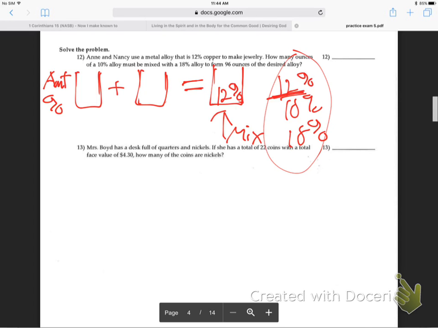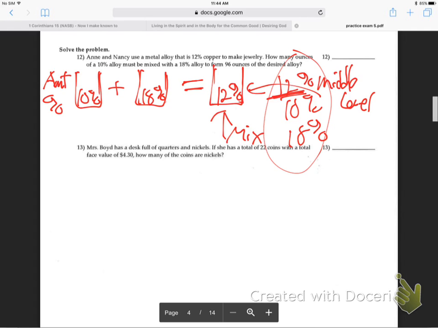Are we happy? Then for the other two, the order doesn't matter at all. 10%, 18%, or 18, 10, whatever order on the other two. The one on the end is the middle level. Something stronger and something weaker combine to be a final product between them when you mix things.